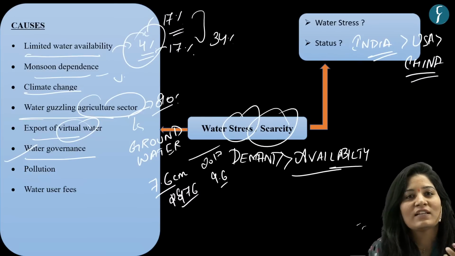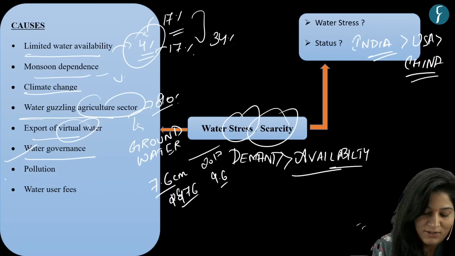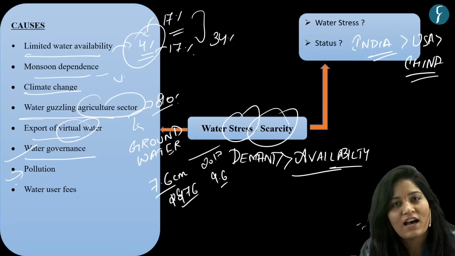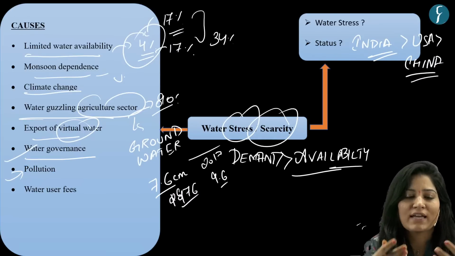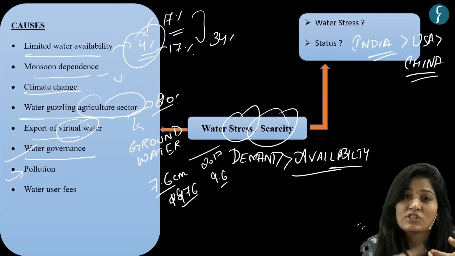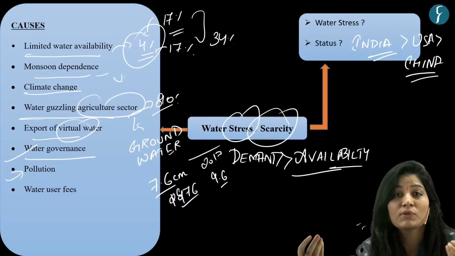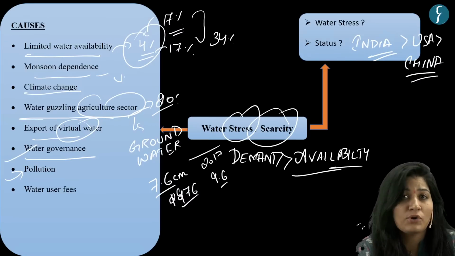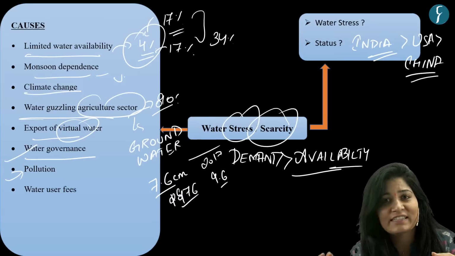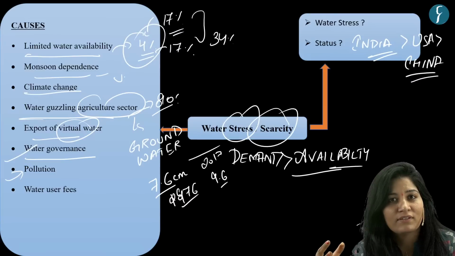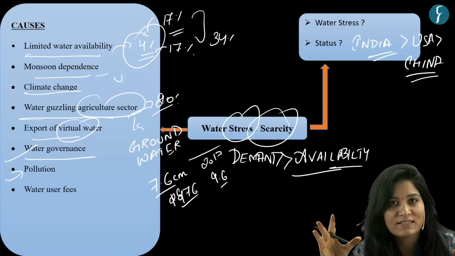Now the next one is very obvious, that is pollution. Our fresh water resources are polluted by pesticides, untreated human waste, industrial pollutants, and that is why they are the hub of pollutants like nitrate, fluoride, arsenic. You just name it, they are the hub. They are hosting a lot of pollutants.